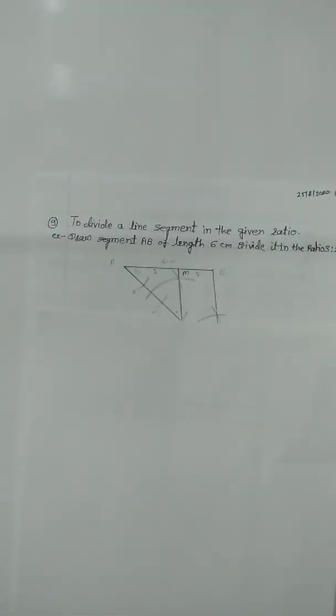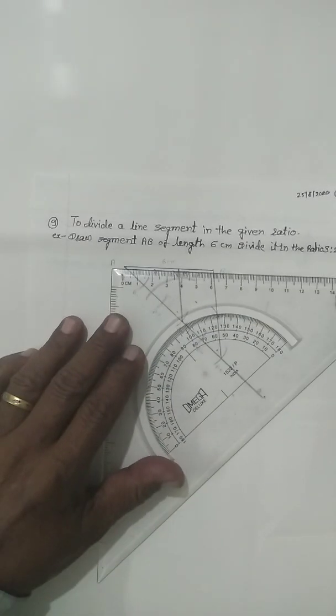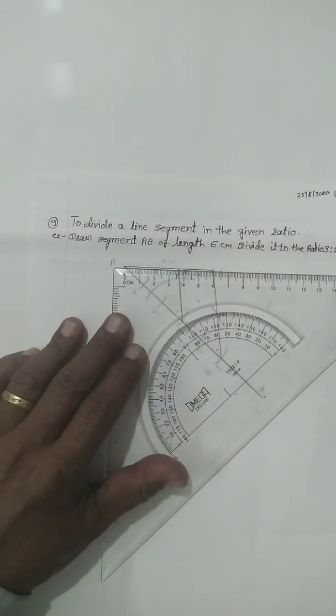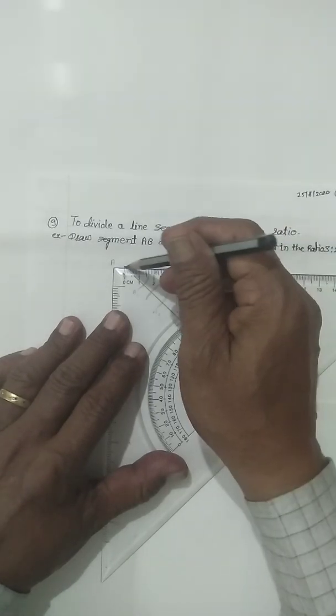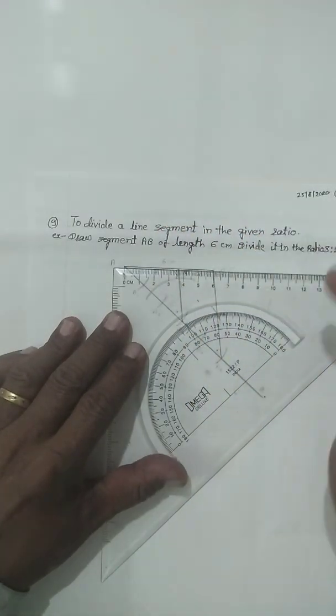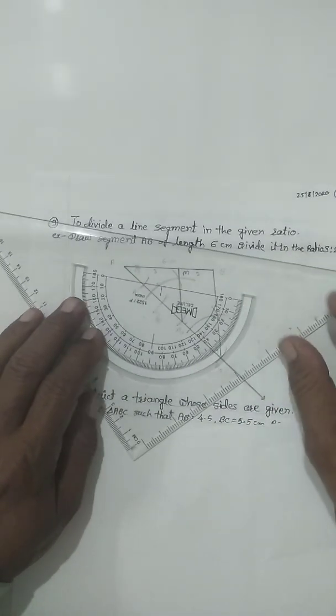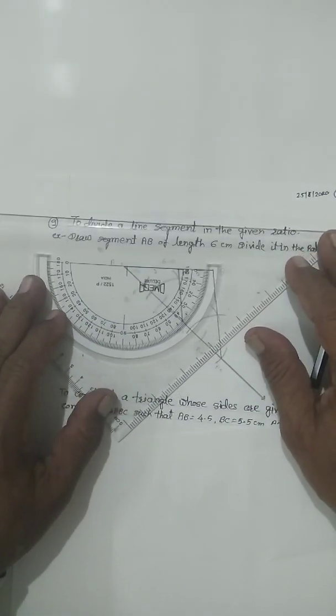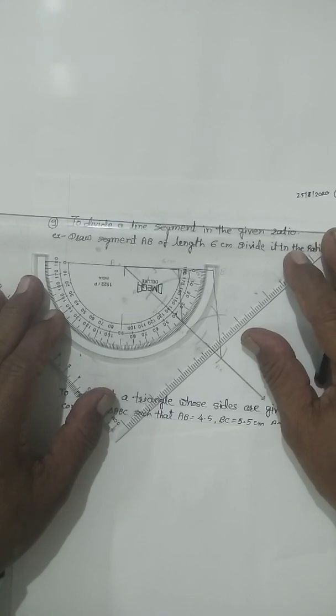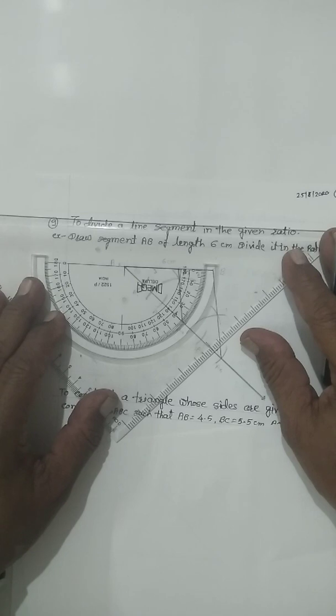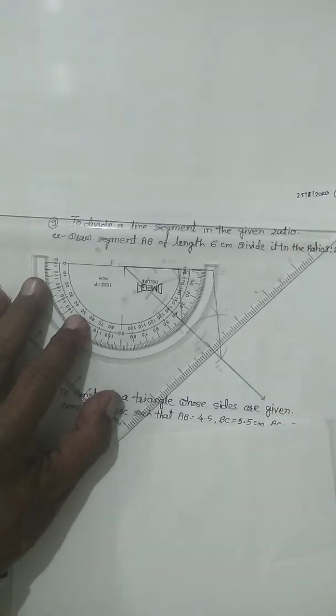Firstly, draw the segment of 6 cm and draw one angle at point A or B. The measure of that angle can be 20, 25, 30, 40 or 50 degrees.